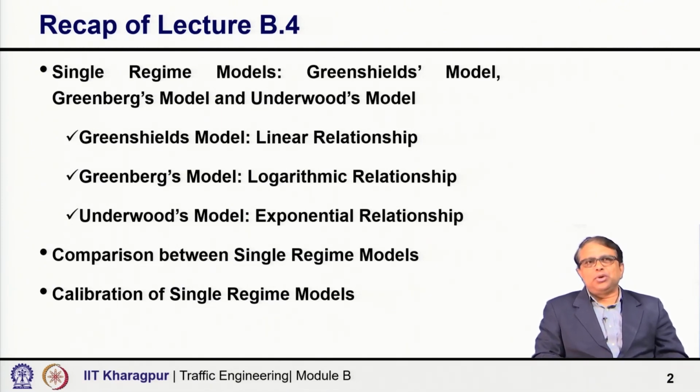Then the nonlinear models, Greenberg's model and Underwood's model. Greenfield's model follows a linear relationship of speed and density, Greenberg's model follows a logarithmic relationship, and Underwood's model follows an exponential relationship.